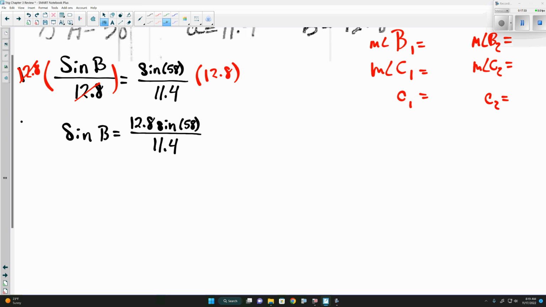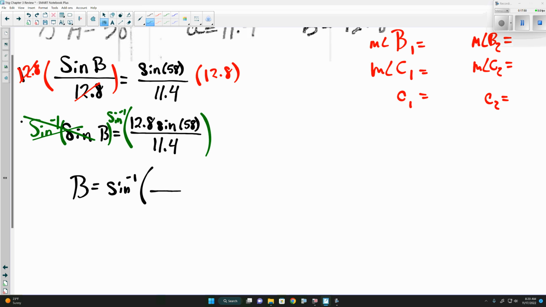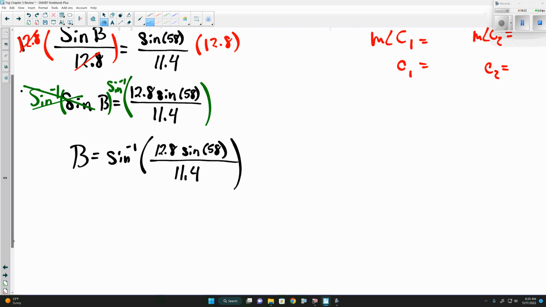Questions on this so far? Now, to get angle B out, we need to take sine inverse of both sides. Sine and sine inverse simplify, leaving me with angle B is equal to sine inverse of 12.8 sine of 58 over 11.4. And luckily for us, we don't have to calculate this by hand.